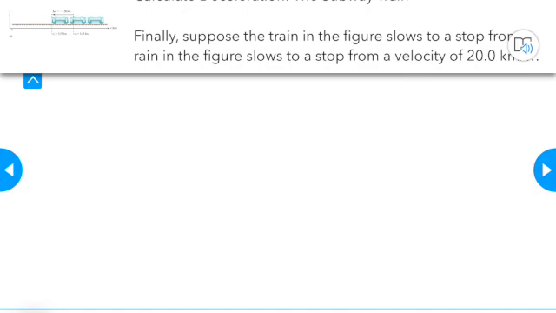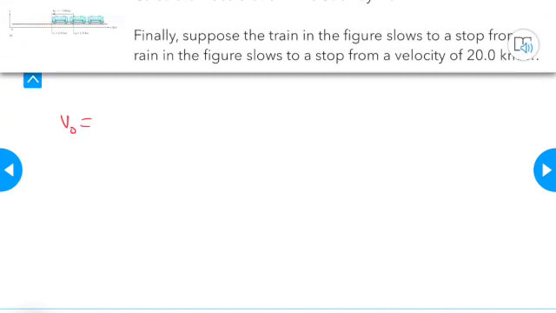So this one here, I believe this is our last problem. We are going to look at deceleration of the same train. And in this case, again, we have the initial velocity, bring that back down, is 20 kilometers per hour, which we now know how to convert easier. Final velocity, though, this is decelerating to a stop, so that is in meters per second at 0.